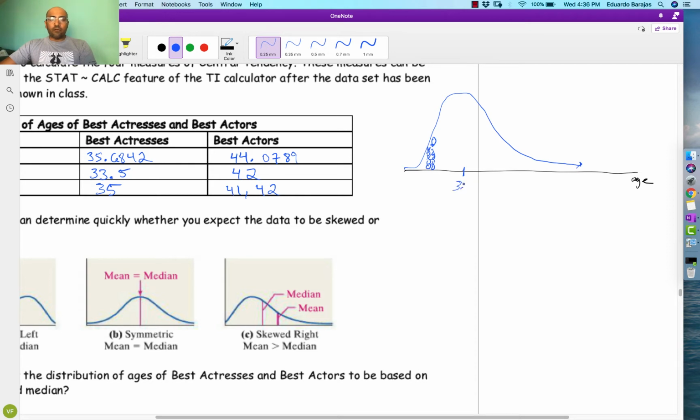Let's say that this is like 30, and then the mean is going to be over here around, let's say this is 33.5, and then maybe over here would be 35.6842. So the bulk of the data is going to be over here, below the mean, but there's an outlier, right?